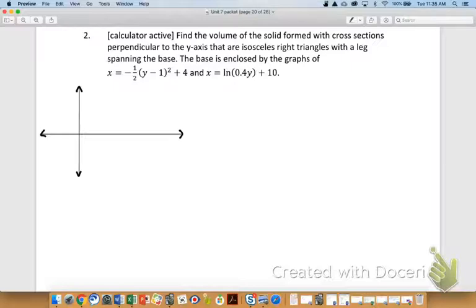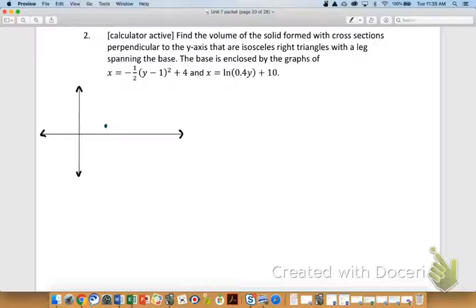It's a parabola, but doesn't it open sideways? Which way does it open, right or left? It opens left, and it's shifted one up, right 4. So 1 up, right 4. Hey, if you're freaking out about whether you're supposed to know how to graph this, the answer is no. Don't worry about it.